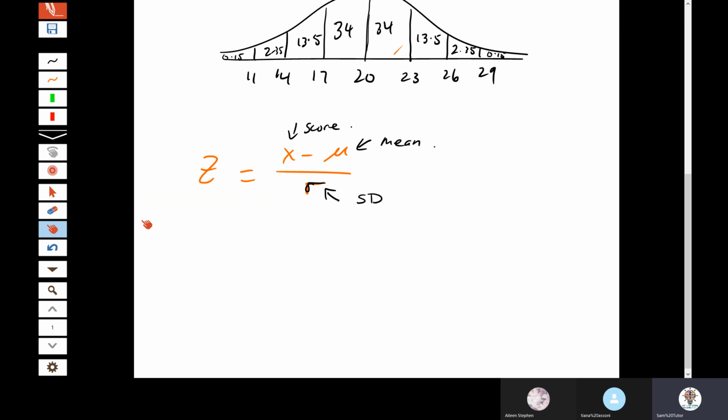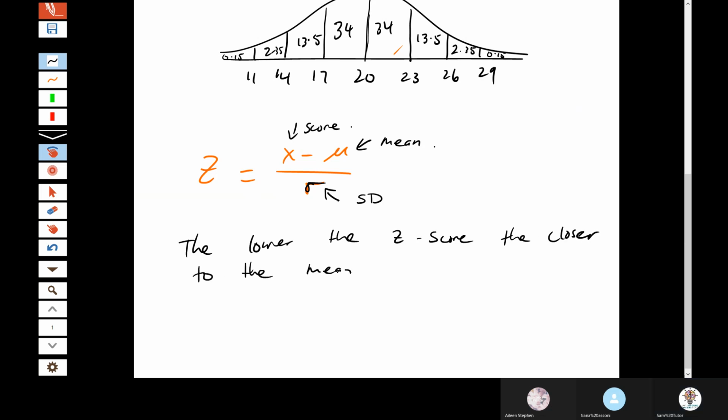The lower the z-score, the closer to the mean you are.